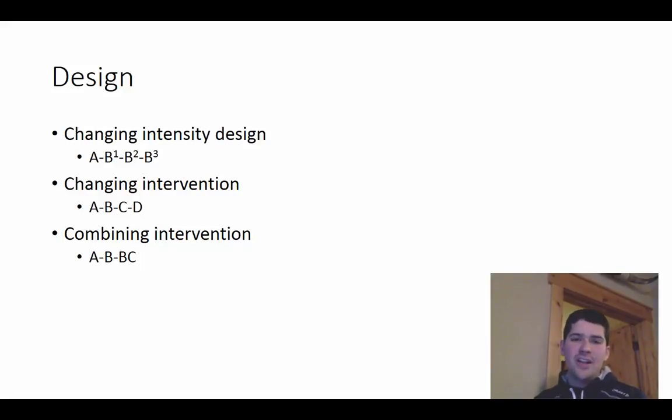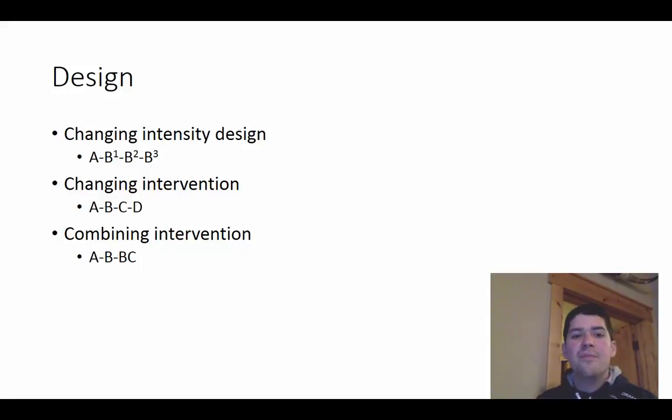One of the challenges with these designs is, if you're not throwing any sort of observation in there, you don't really know how your client's doing over time. But also, if you're throwing lots of interventions into the mix, you can't really be sure which intervention it was that's responsible for any changes that you're seeing with your client.